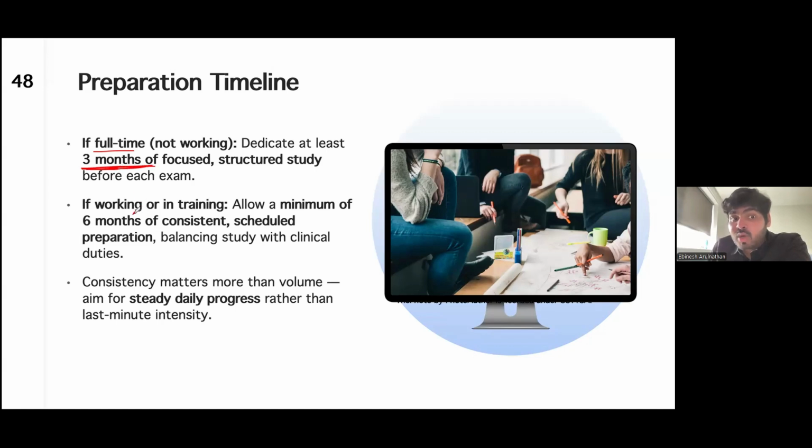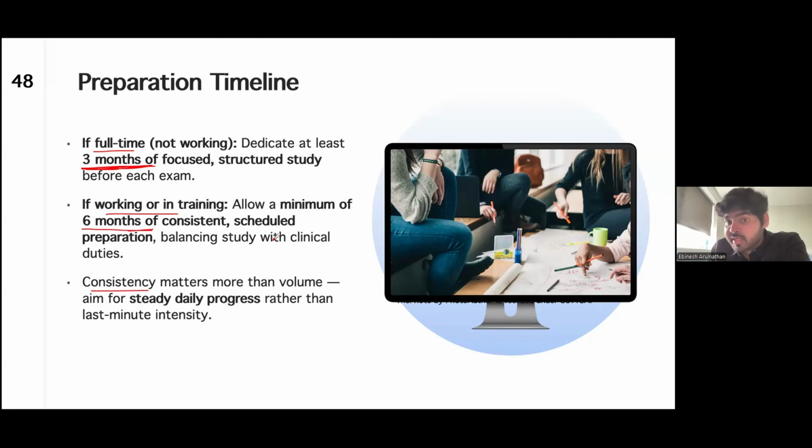And if you are working or you are in training, I would say you start a minimum of 6 months before the exam, and make sure that you are consistent. Consistency matters, because over 6 months you'll tend to lose interest. But I would say start at least 6 months before if you're training or working somewhere.